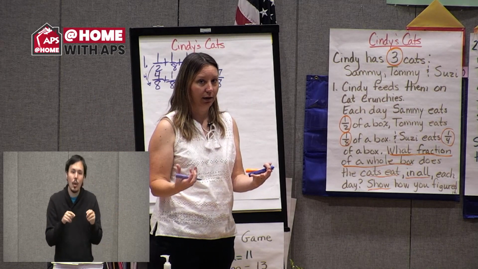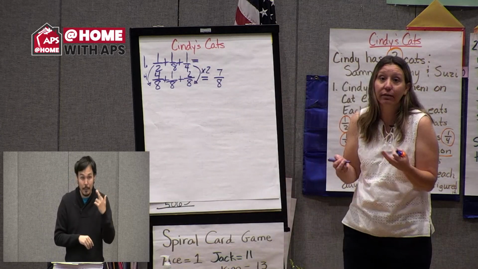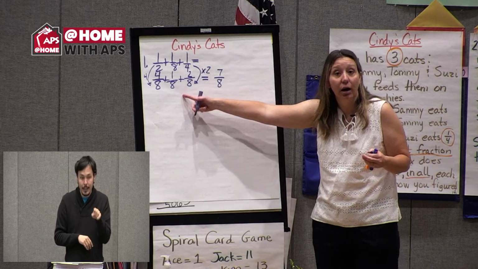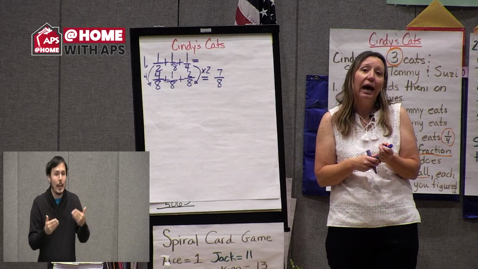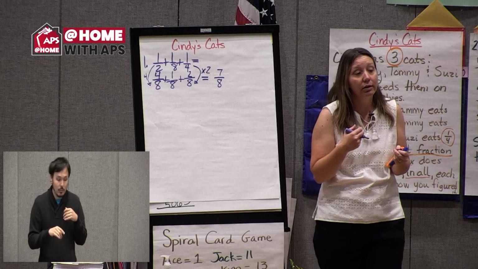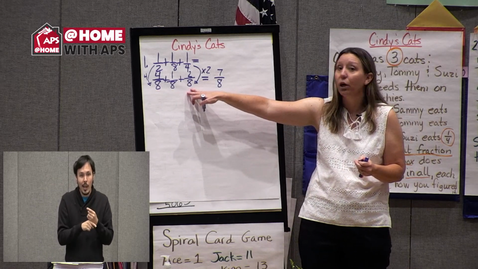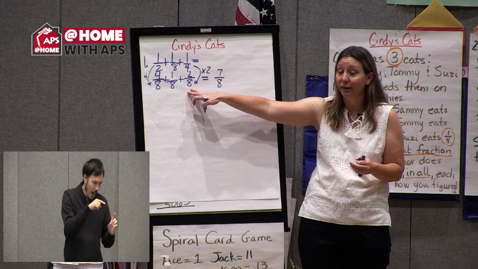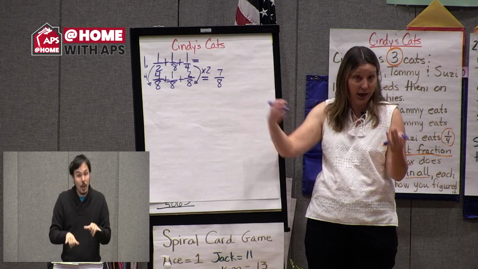Why? We were able to add them because we had common denominators. That's the only way we were able to add them. If we had a number that was not the denominator, that was like a 2, a 4, and an 8, we can never add those numerators. They have to have a common denominator to be able to add them.